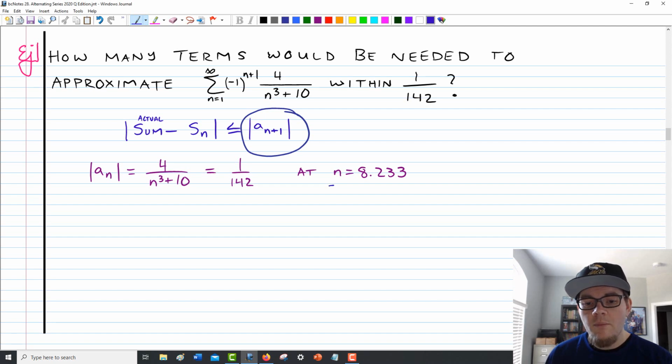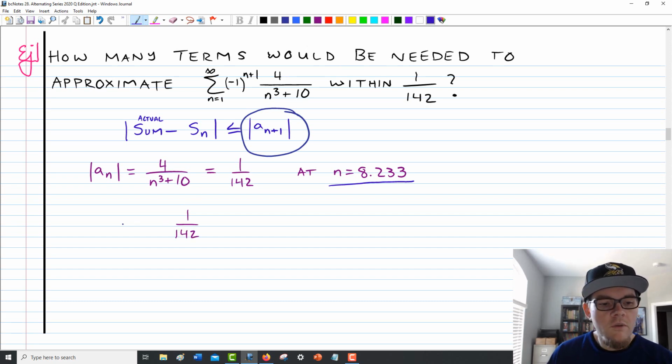Since n equals 8.233 is the value that makes it equal to 1 over 142, an imaginary term, but play along for the moment, what we can say for sure is that the magnitude of the ninth term is going to be less than 1 over 142, because if n equals 8.233 makes it equal, n equals 9 is going to be a bigger denominator, which will make it smaller than 1 over 142.